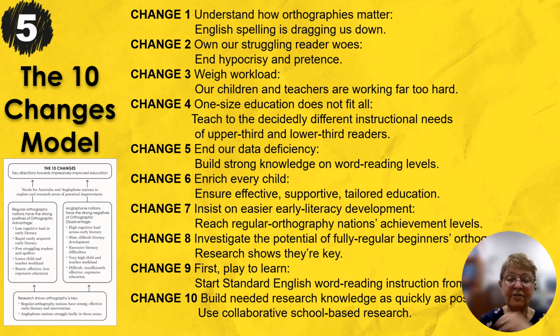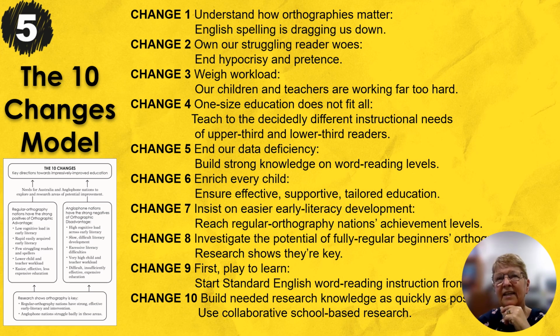Change 6, enrich every child, ensure effective, supportive, tailored education. And then 7, 8, 9, they really are the big ones, okay? Change 7, insist on easier early literacy development, reach regular orthography nations achievement levels.